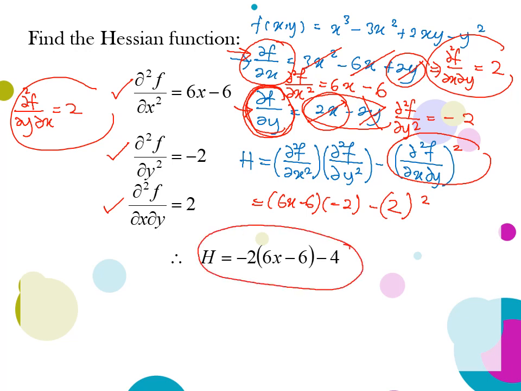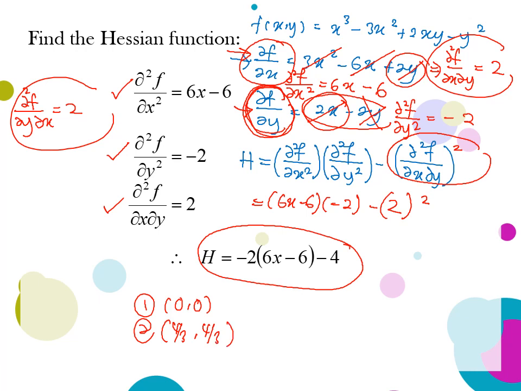Okay, and then you need to substitute the 2 stationary points that you got from the previous slide just now by setting your first derivatives with respect to x and y equal to 0. You got 2 points, right, which is 0, 0, and the second point is 4 over 3, 4 over 3.